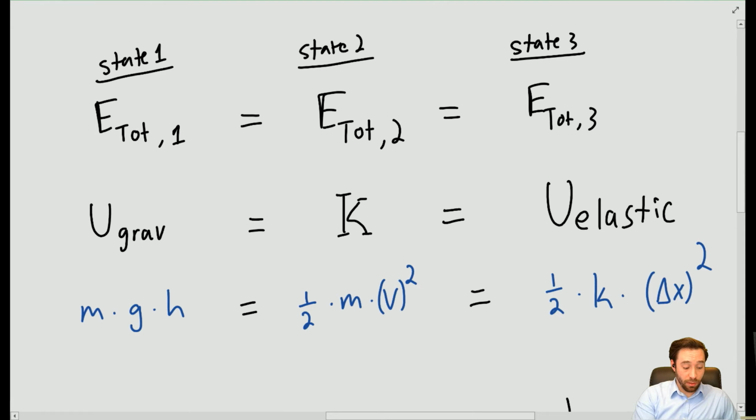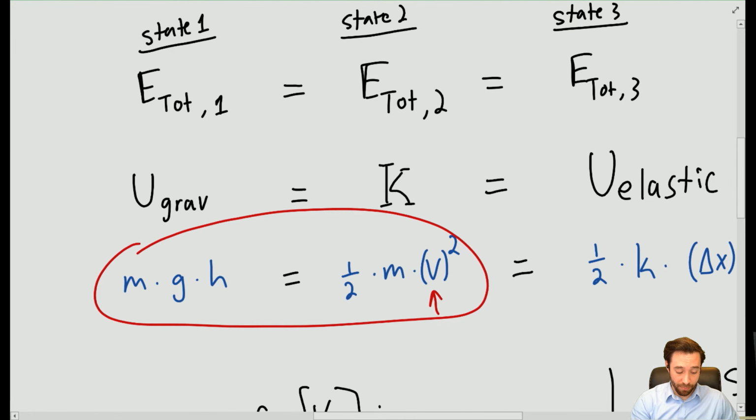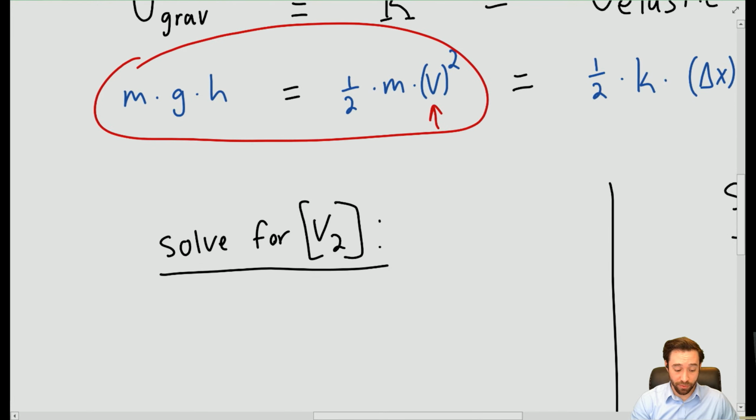But what we're going to do is figure out which one of these equations I actually have all the variables for, and we're going to try to solve for either V or delta X. So we're going to solve for V first, the velocity at state 2. I'm going to copy this down when we're solving for V2.